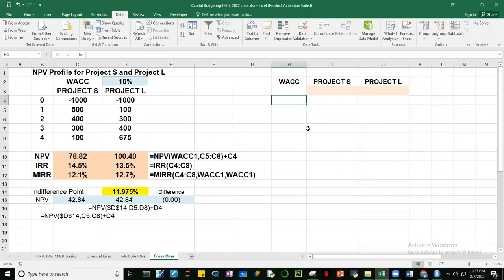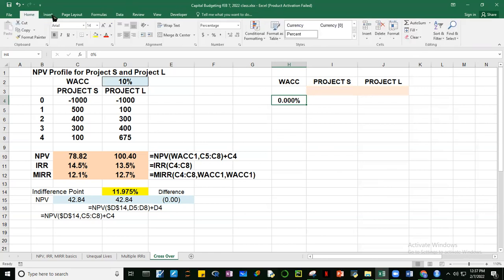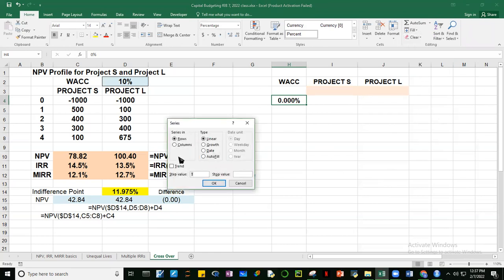Okay, so let's do this now. Again, mag-create tayo ng list. So from 0%, gawin natin 1%. Home tayo, then mag-fill tayo, Series, in columns.